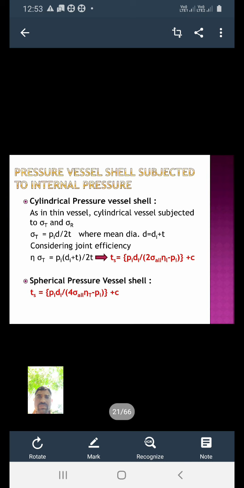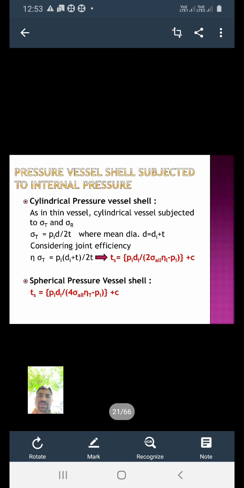See, pressure vessel shell subjected to the internal pressure, again cylindrical pressure vessel shell, the same as we have seen. Sigma T and sigma R we have already found in the design of pressure vessel. Sigma T is equal to, we know, Pi into D divided by 2T. Sigma all or sigma T is equal to this, where mean diameter D is equal to Di plus T, as already told.